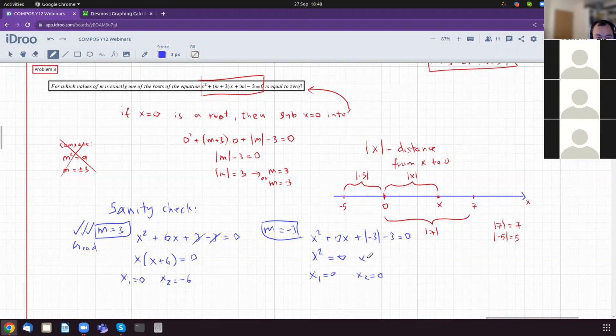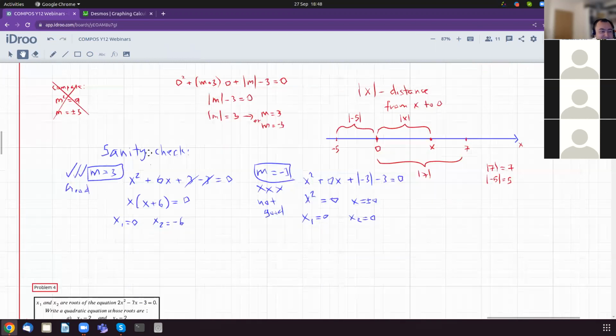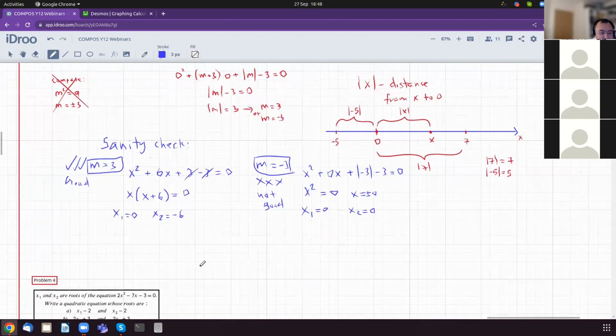You can say x is equal to plus or minus 0 in this case. So it's not good. So the answer is m equals 3.